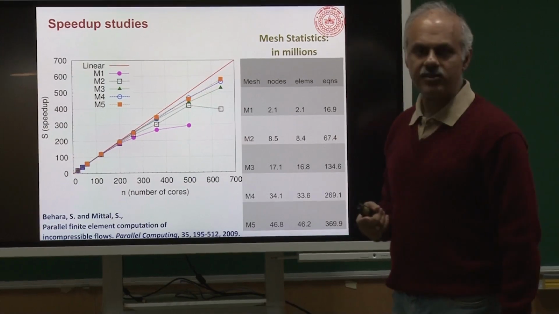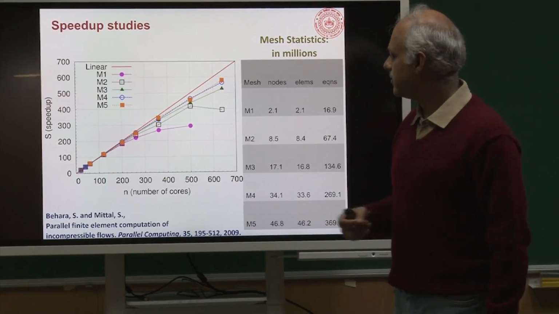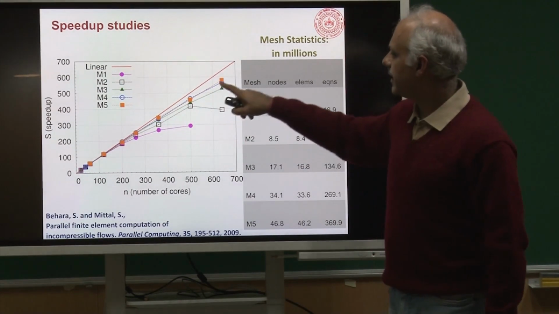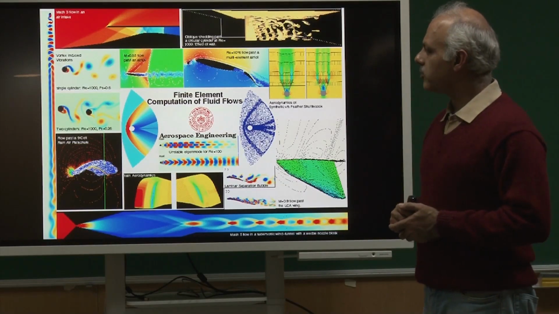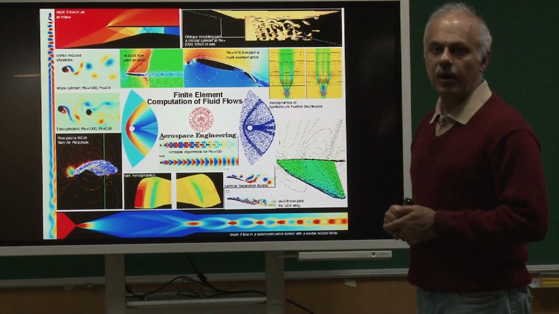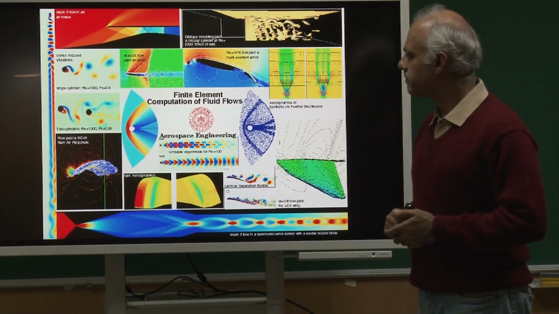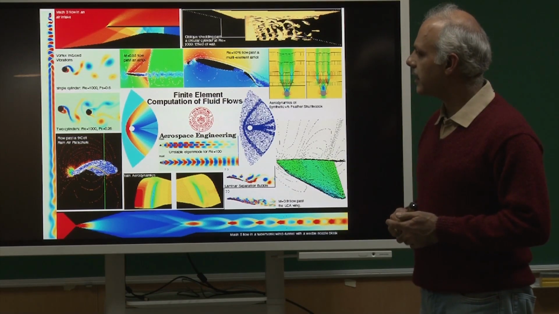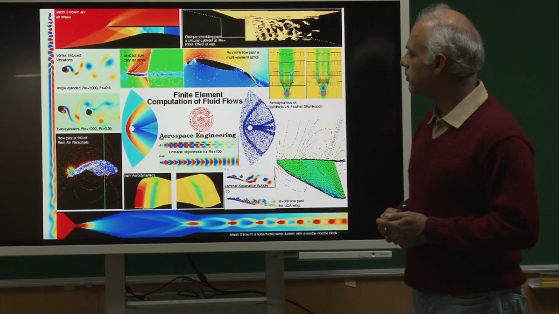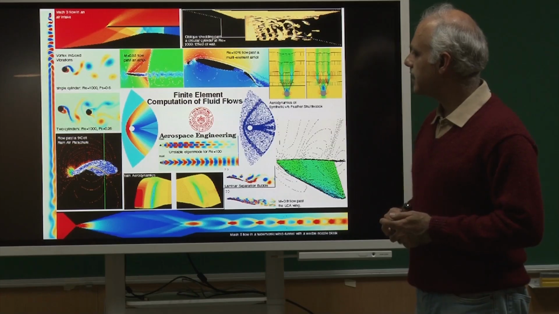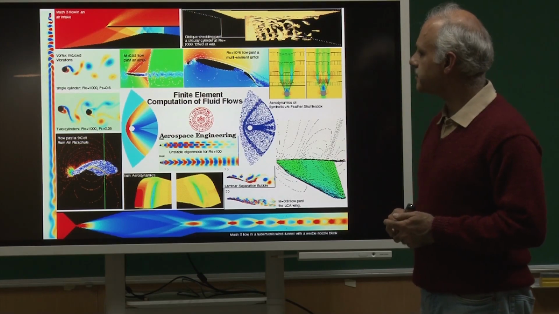That is ideal, you would almost never get that. Okay, but look at our codes, they are actually scaling quite well. So, using these codes we have been able to do a set of problems, and I just thought it would be a good idea to give you a flavor of what we do with these finite element analyses.